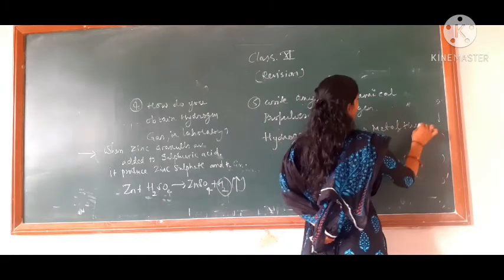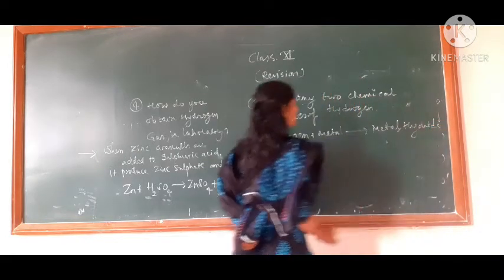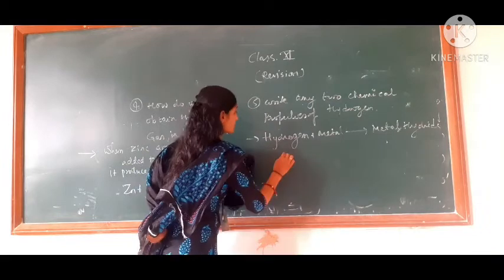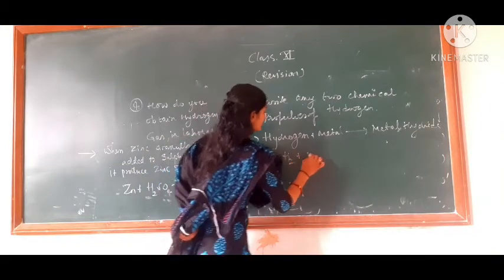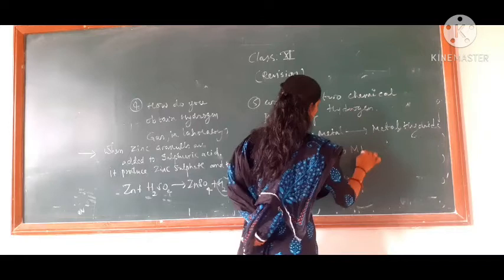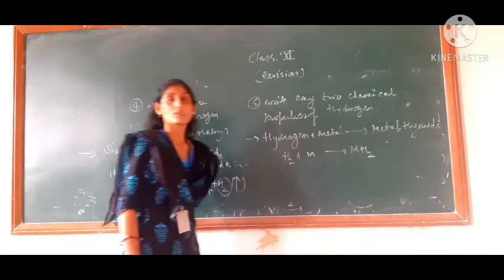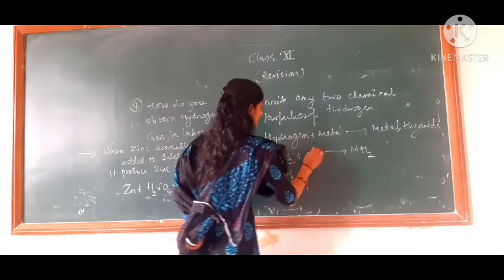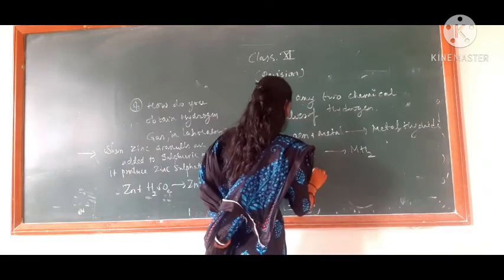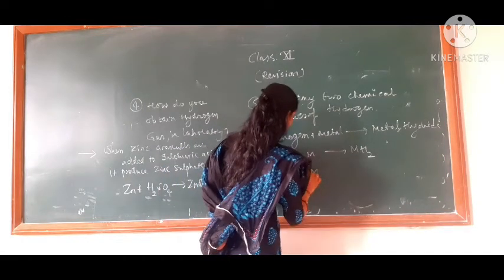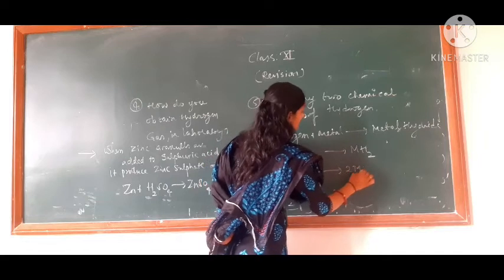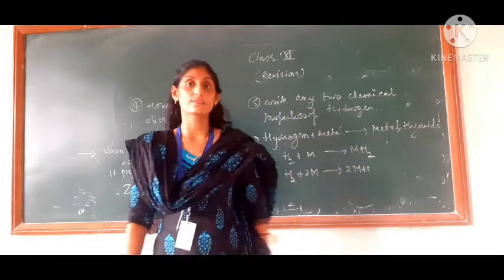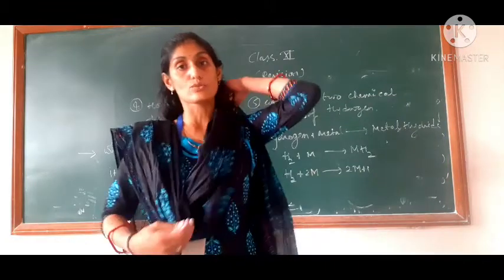You can write by the word equation or symbolic equation first. So that means H2 plus M produces MH2. And if the metal is having the valency plus 2, it is forming 2MH. Monohydride or dihydride it is going to be formed.